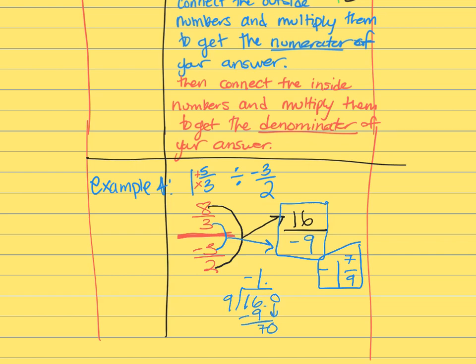Bring down the 0. 9 goes into 70 7 times, and that is 63. And if you notice, it's going to be a repeating decimal. You're always going to get 7, so I can just put a repeating decimal. So the equivalent decimal to this is -1.7, and I'm going to put that repeating little line on top.